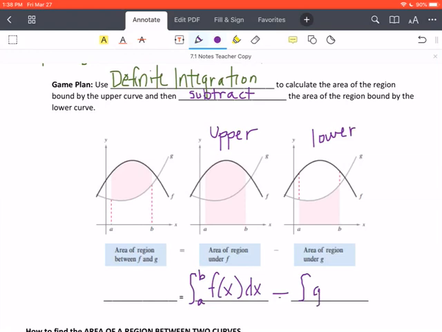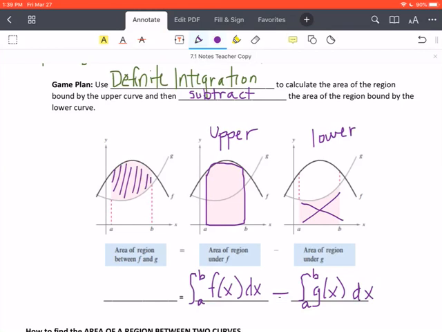So we are going to call that g of x dx, and again we have to go from specified points a to b. So if you notice, we are taking what I'm going to call kind of the whole section. We are subtracting the part that we don't want, and what is that going to leave us with? What our goal was, the area of the shaded region.